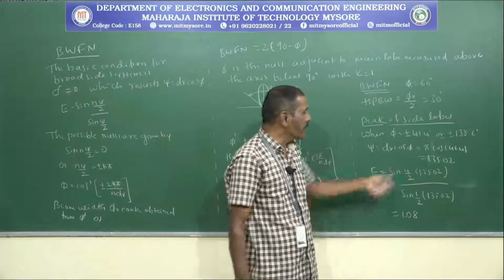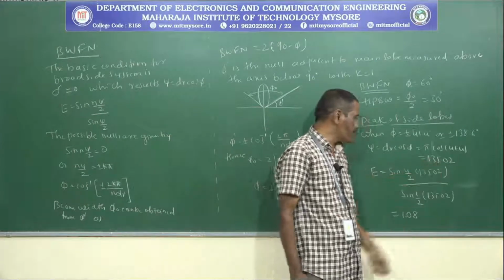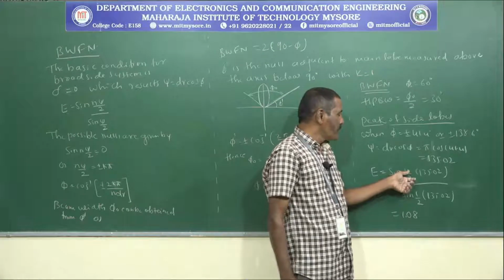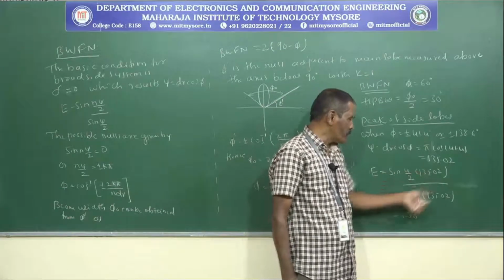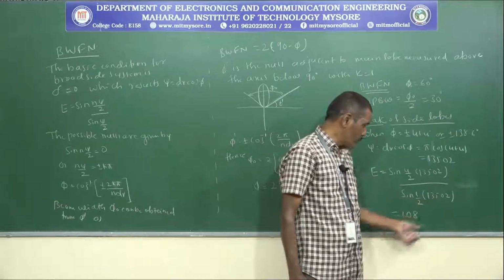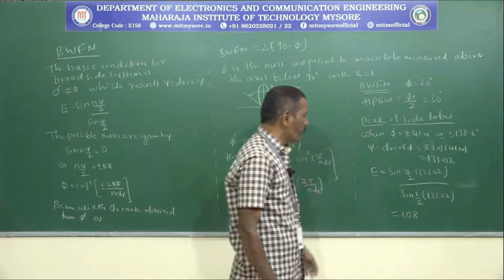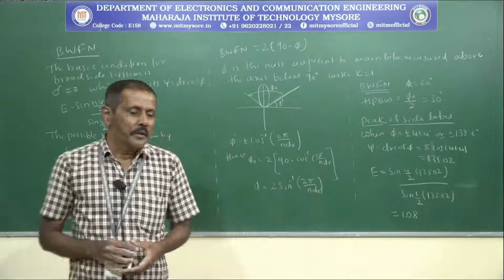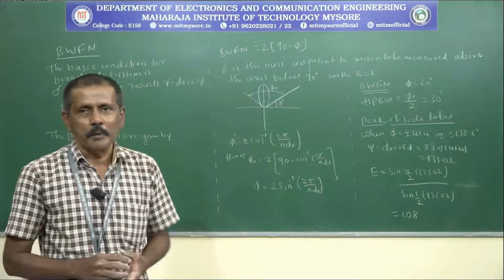One of the angles has been taken here. So, this is equal to 135.02, and field strength equal to sin of (4 by 2 into 135.02) divided by sin of (1 by 2 into 135.02). You are getting it as 1.02. So, this is how you can solve the problems.